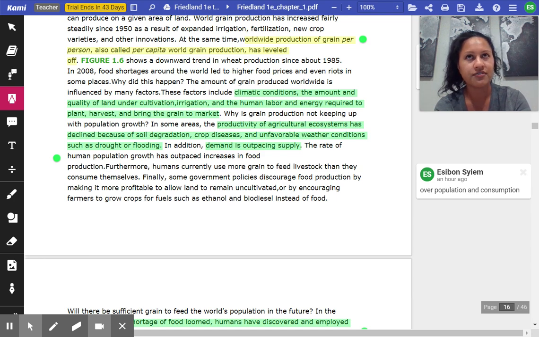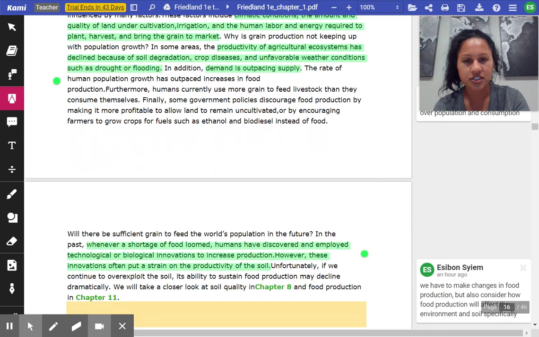So there are lots of factors that affect how much grain can actually be produced in some areas. They also are starting to use crops like corn for making fuel like ethanol. That's also another controversial issue when we're taking grain and burning it basically to make fuel.